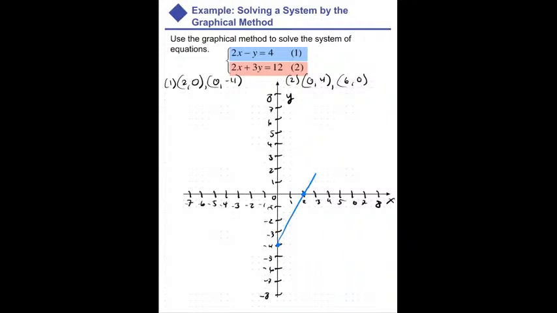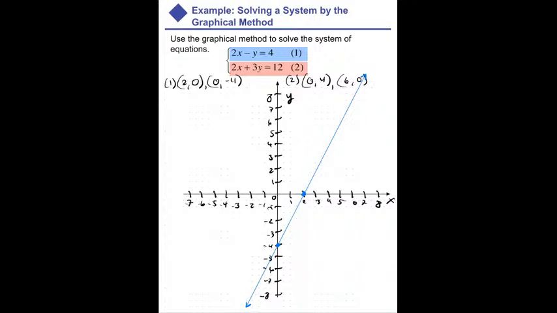And let me just move it around. Okay, that's what I'm looking for. And then we're just going to put arrows on it. All right, so that's equation 1.